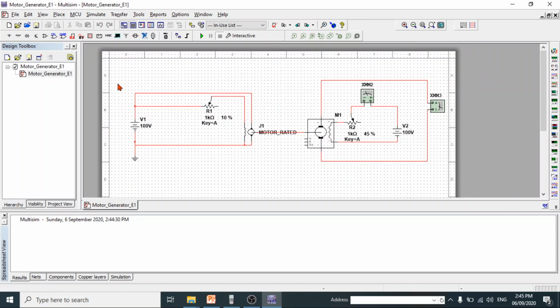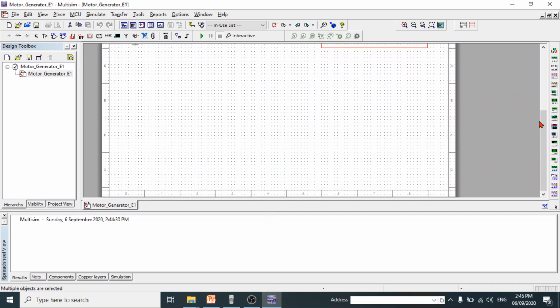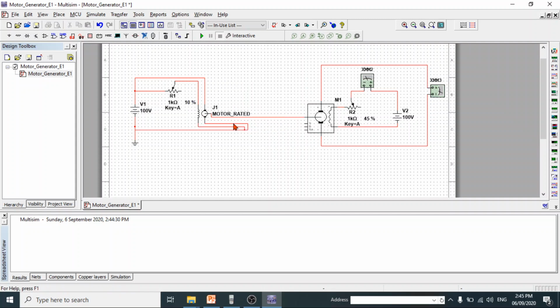First we try to fit all the elements. So we can move this one together with this one.